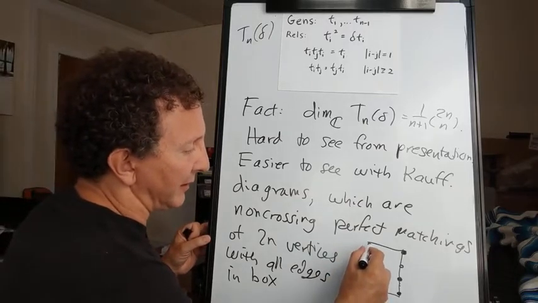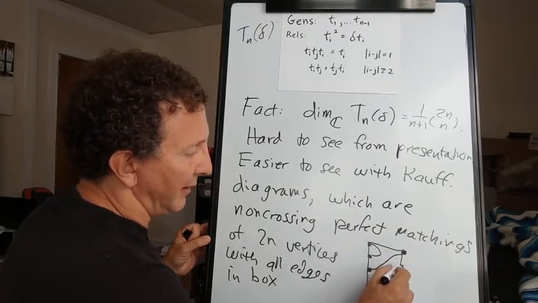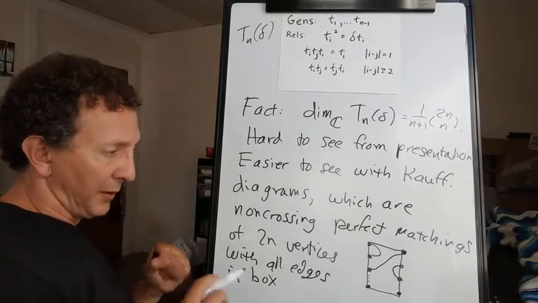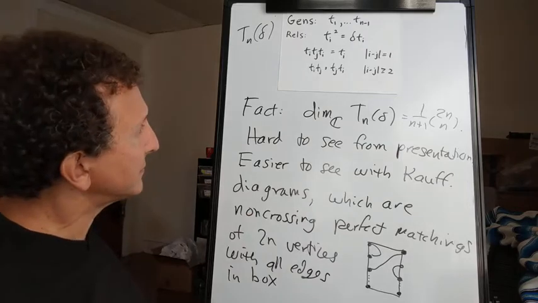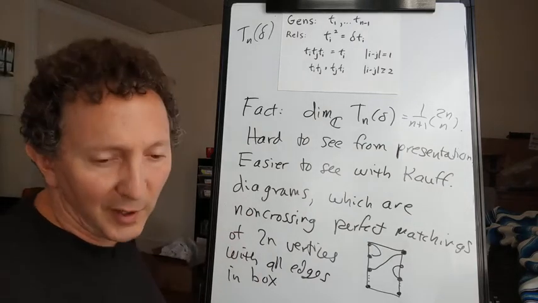So we can have things like this and that, etc. But the edges connecting these vertices can't go outside of that rectangle. So let's do all of these for n equals 4.